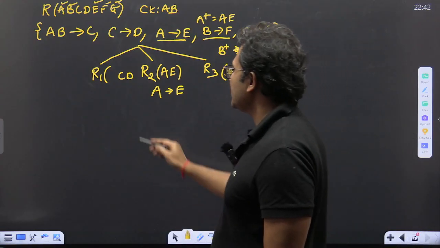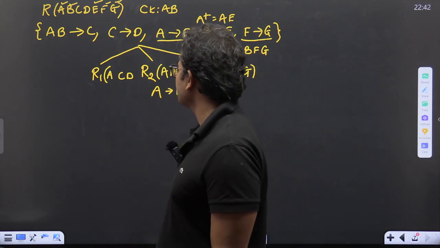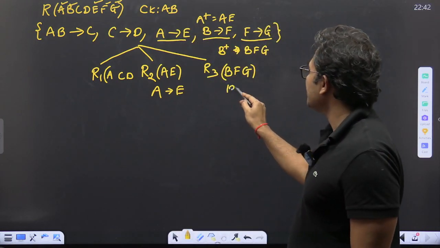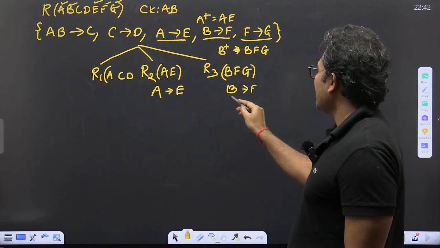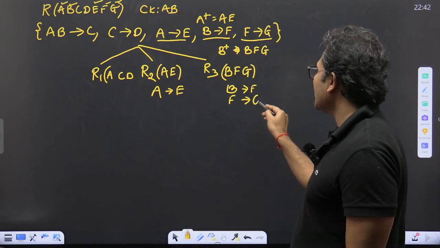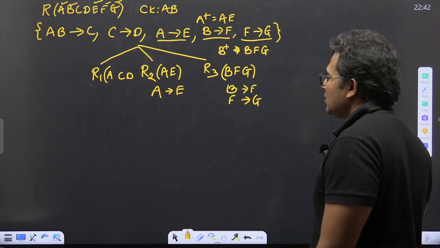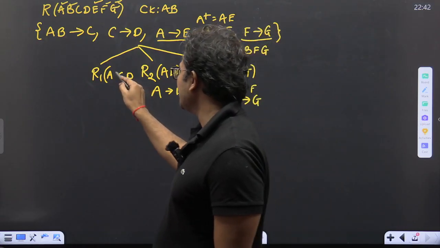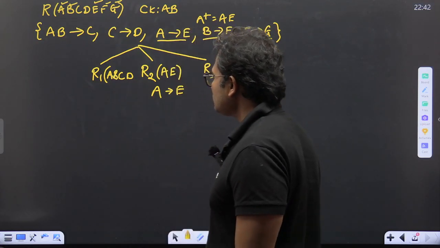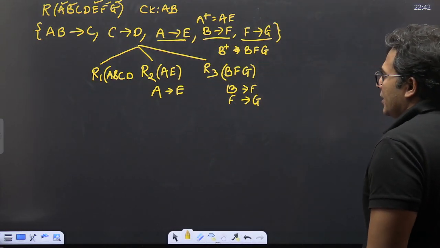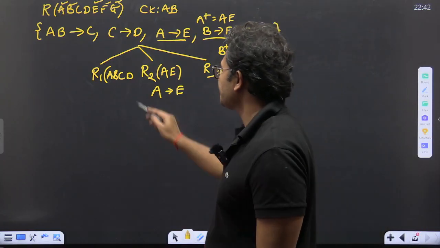So we can take A as a common attribute here. And here B determines F and F determines G is there, and B is the candidate key. Therefore, you can write B here.